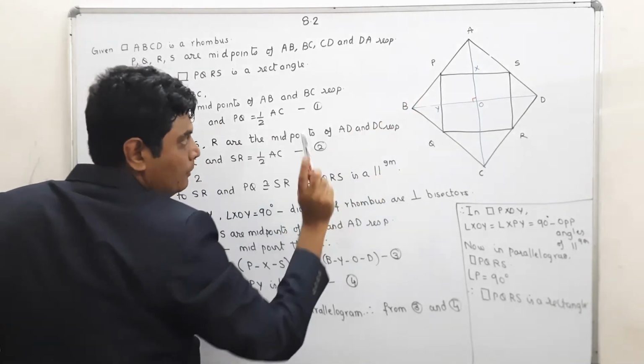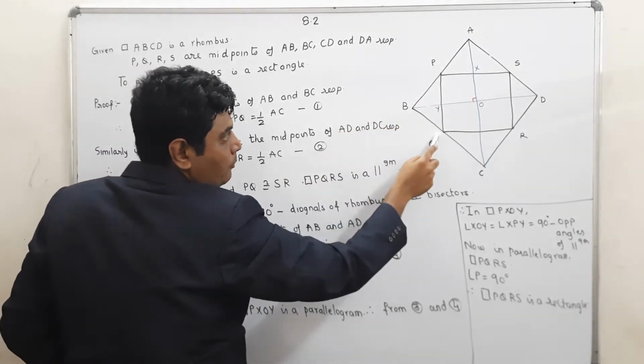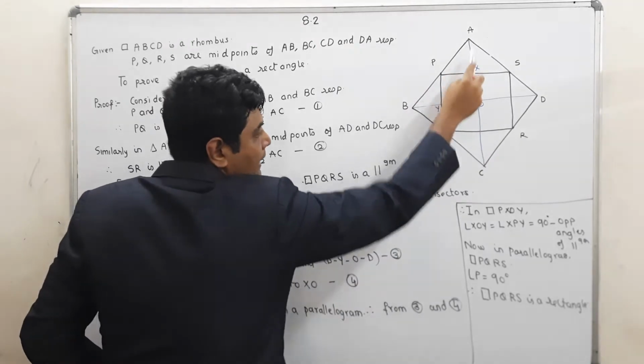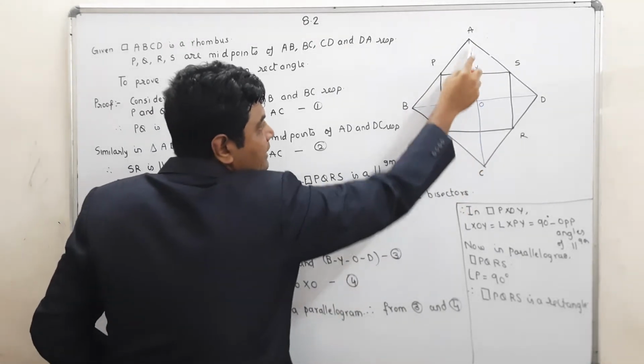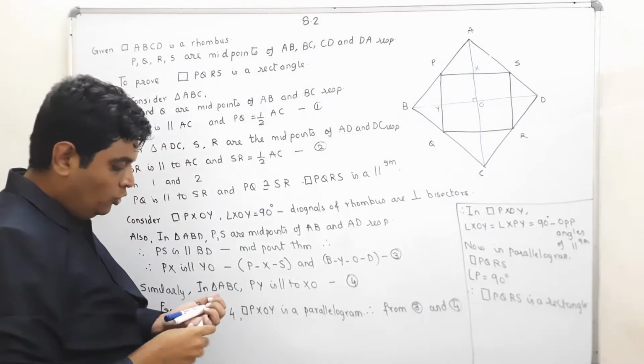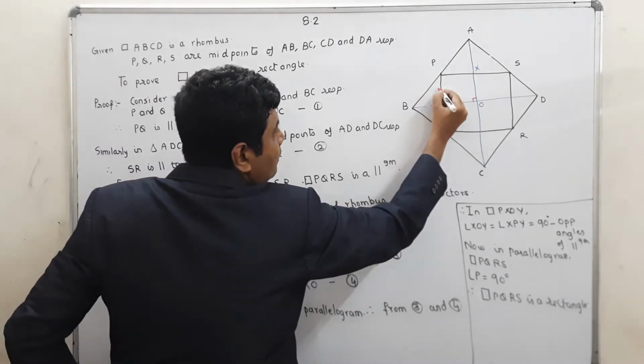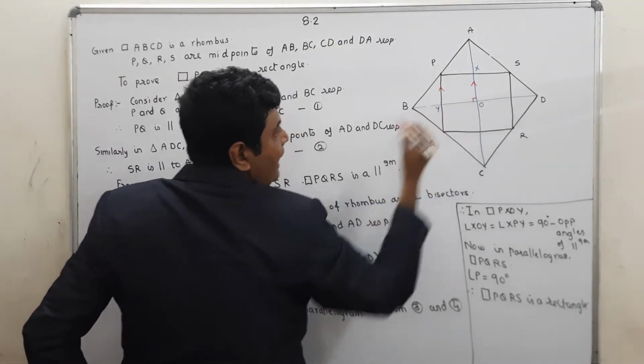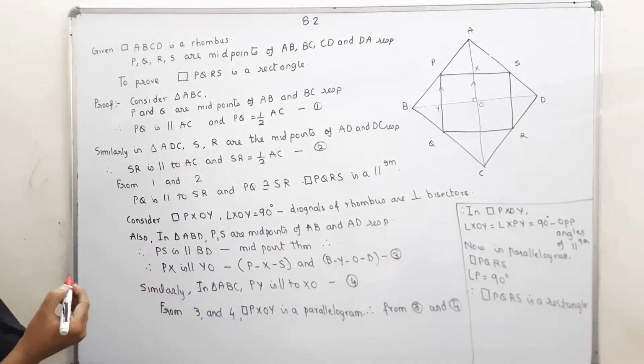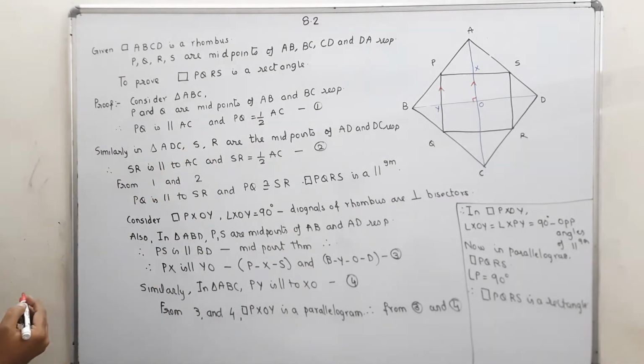So if P and Q are the midpoints, then PQ is parallel to AC and PQ is half of AC. Right? So if they are parallel, single arrow, both of them are parallel to each other, and it is half of AC by midpoint theorem.